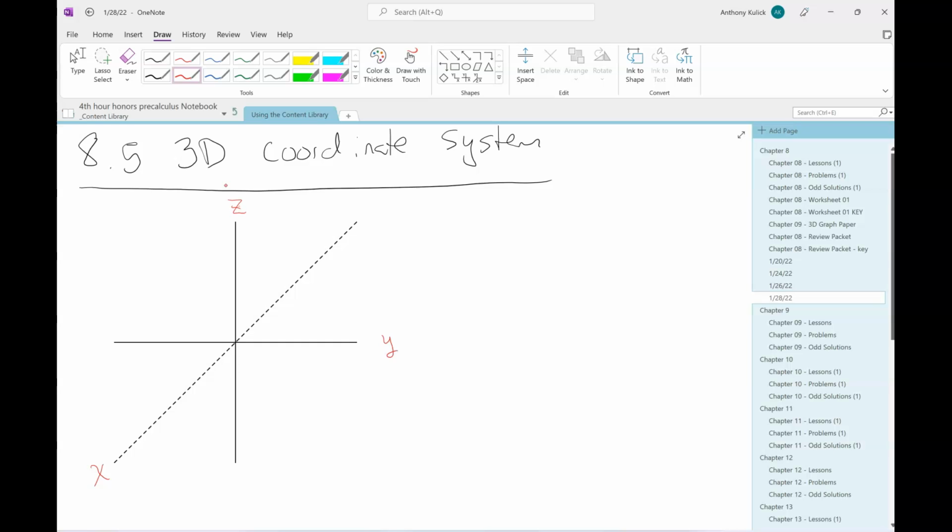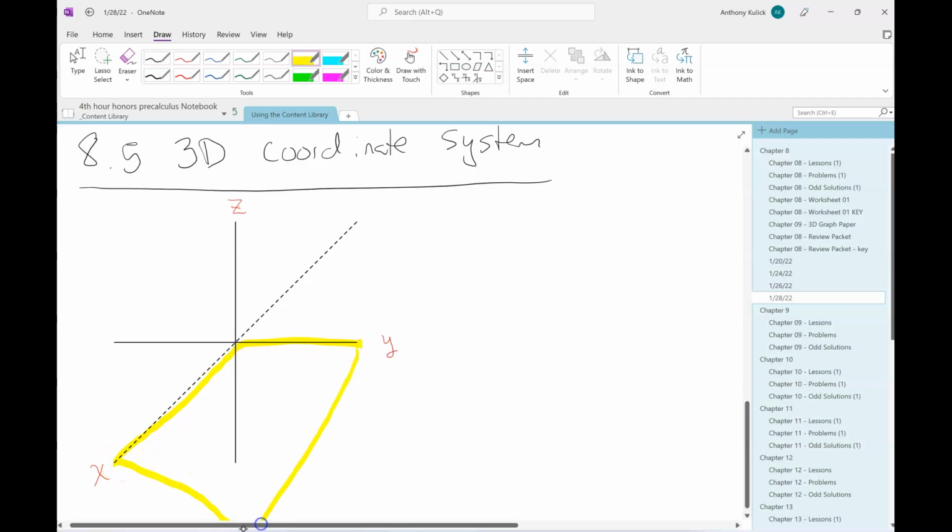I think the original intent was they wanted the XY plane to be sitting on the ground, like this is the plane you're usually working in. And then the third axis is coming down into it.